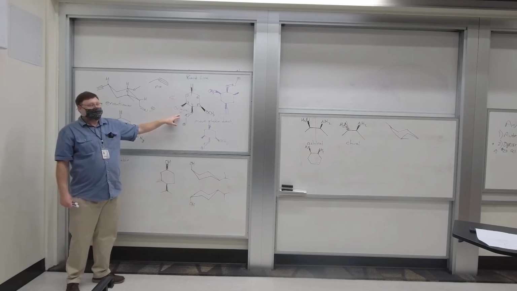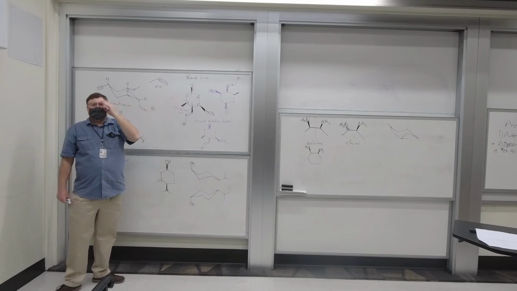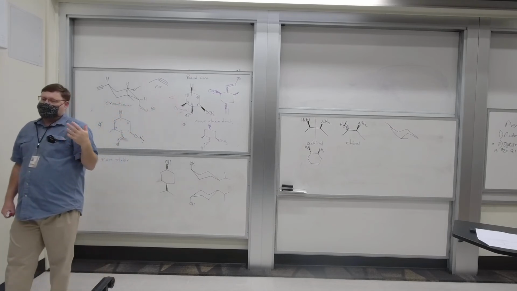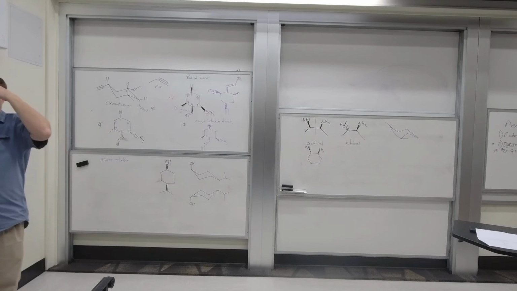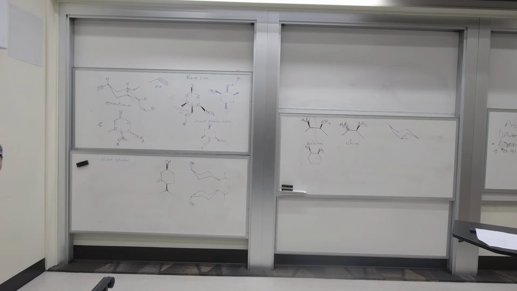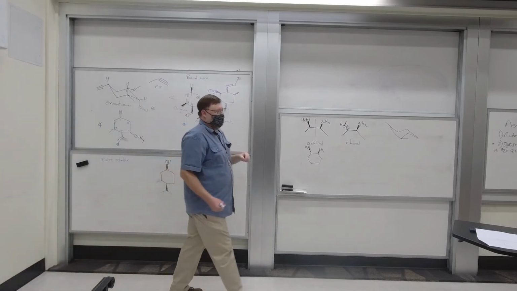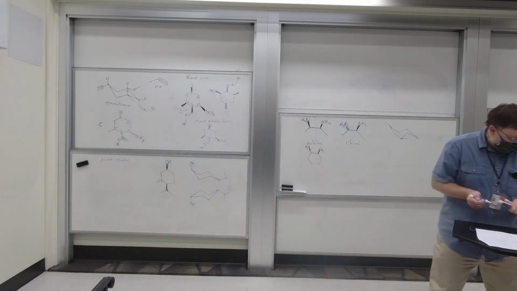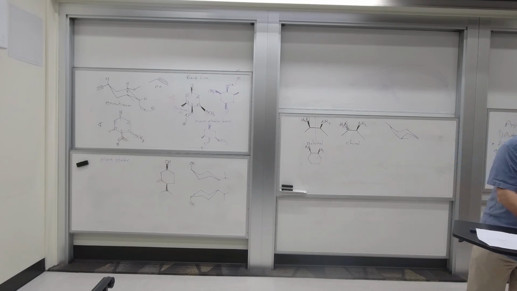You might hear somebody colloquially say that's all cis because they're all up, like every relationship is cis in that one. But if you have more than two substituents, it's not cis and trans. What you have to do is specify R and S, and we're coming up on that. I'm putting it off, but all right.